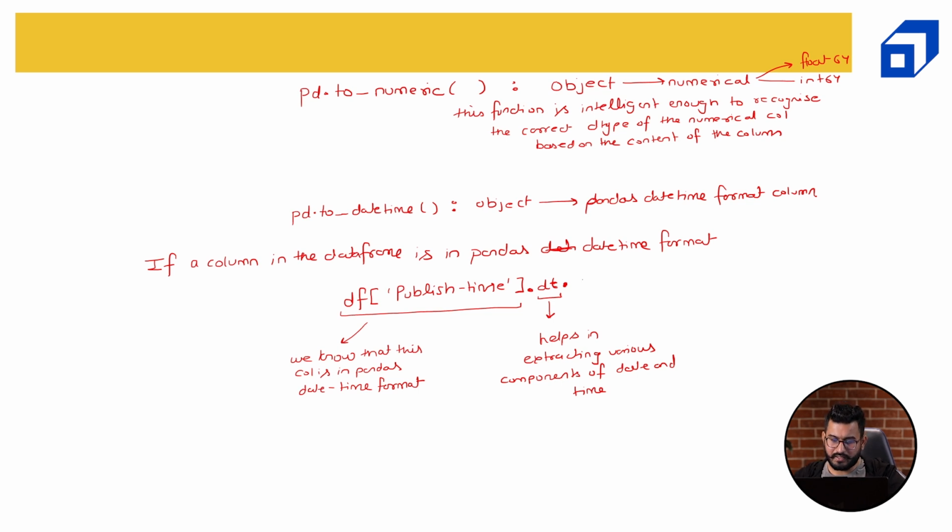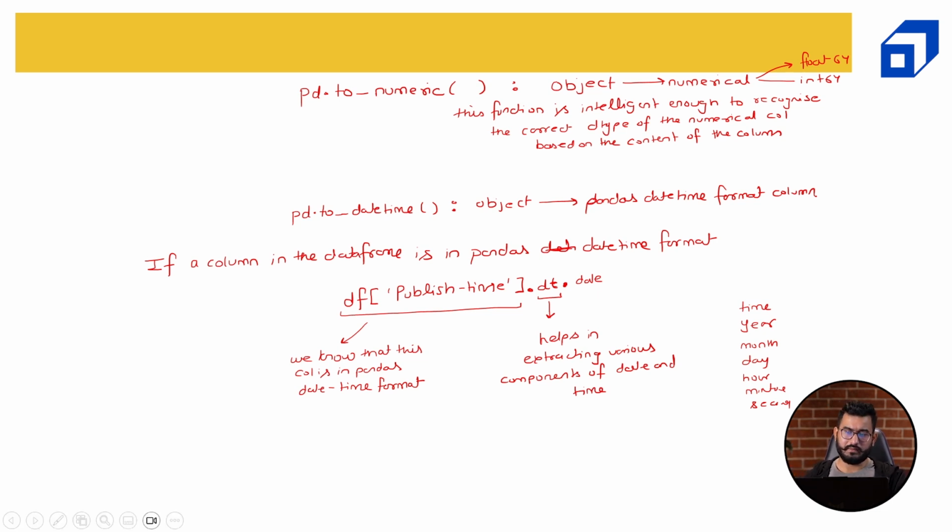So let's say I want to extract only the date, so I can write date. If I want to extract time, I can write time. If I want to extract year, I can write year. Similarly month, similarly day, similarly hour, minutes, seconds, and I can extract all the components as I want.